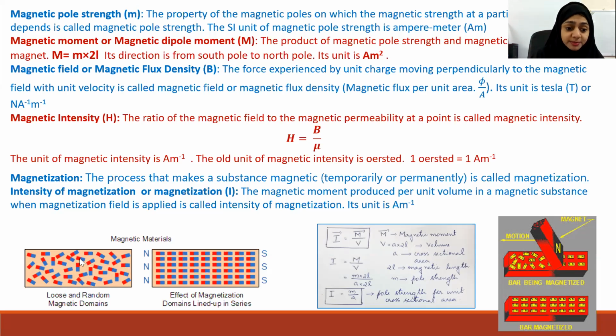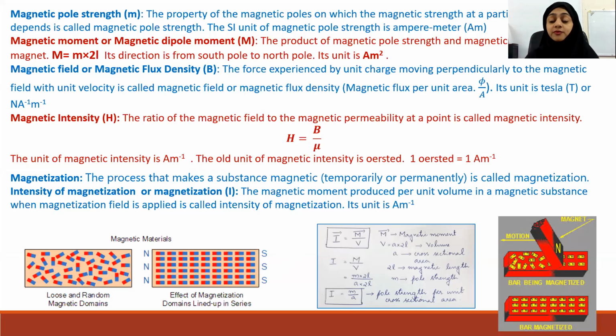But these tiny magnets, as you can see, are randomly arranged inside the piece of iron. And now when we bring this piece of iron into a place where there is magnetic field, each of these small magnets having small dipole moments, small magnetic moments will align themselves, creating a north pole and a south pole. That is how a material gets magnetized.